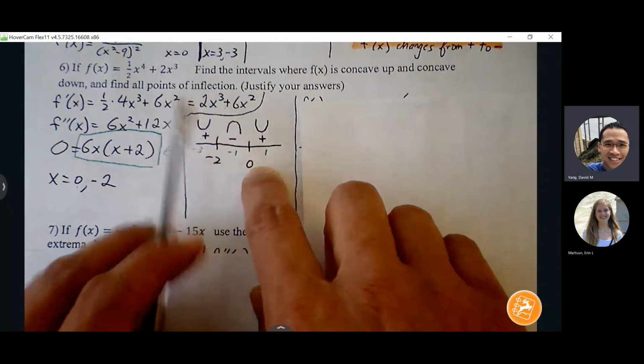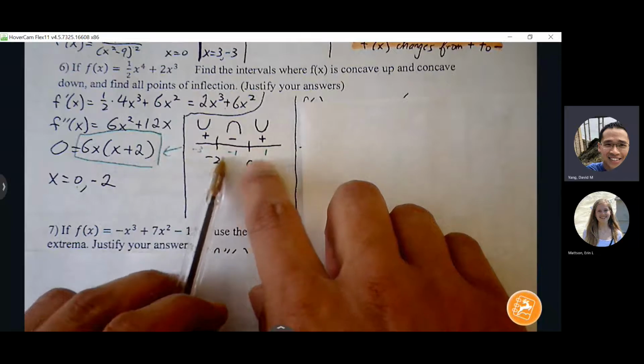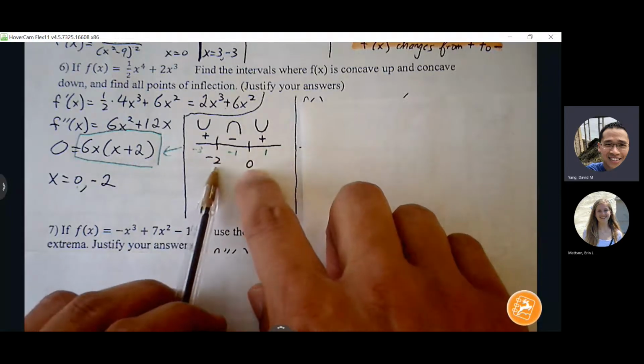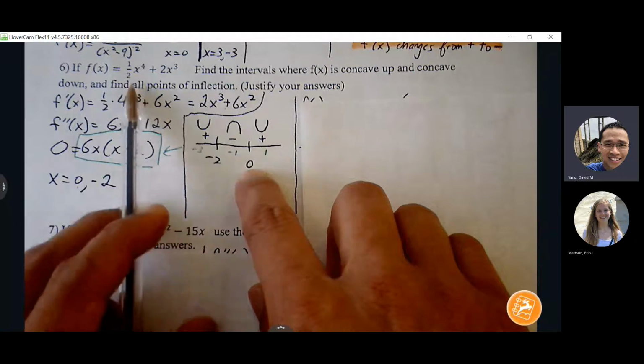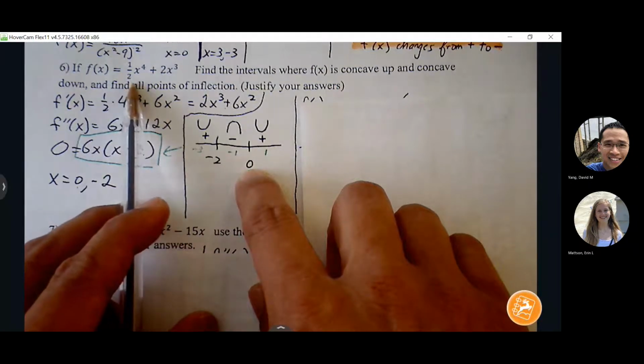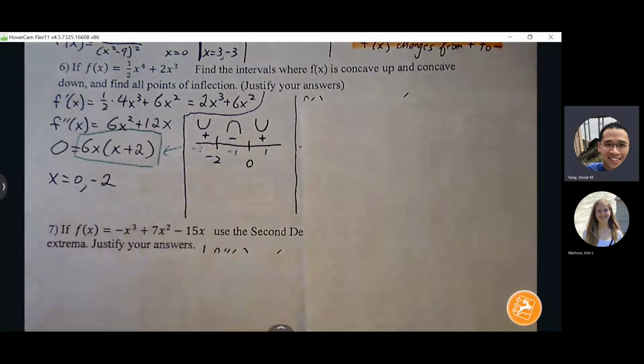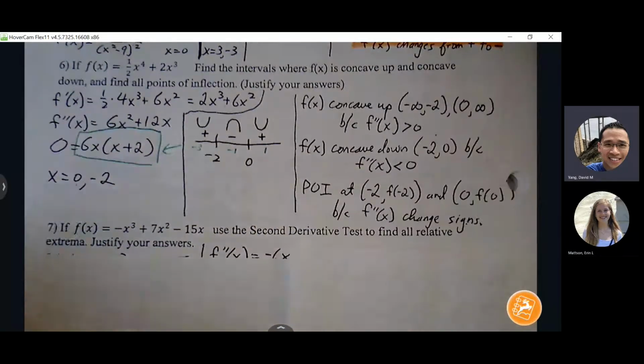And I'm looking for points, so I'm going to find the y values. So how do I find the y values of these? Into the original. Then, of course, focus on your because statements as well.